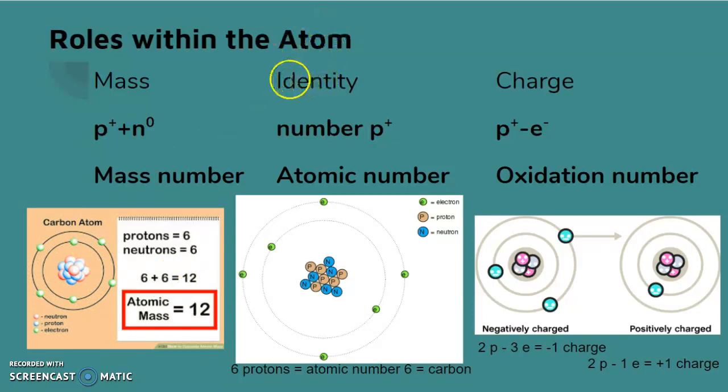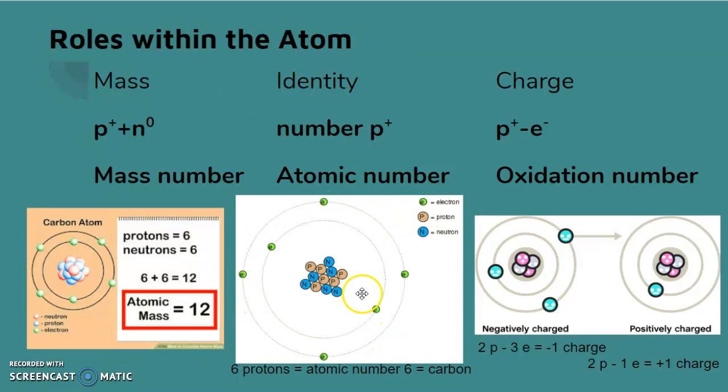You can also figure out the identity of the atom based on the number of protons, which is also called the atomic number. Every single element has its own atomic number, and that is a defining factor for the element, and that's why we call it the identity.